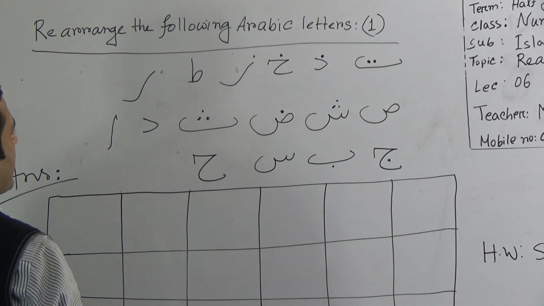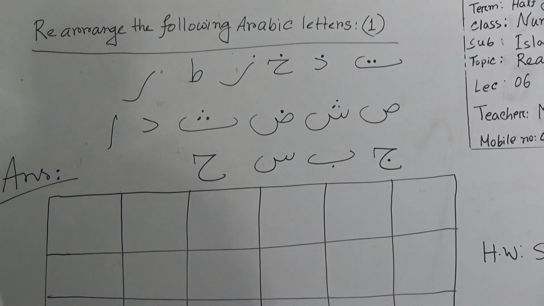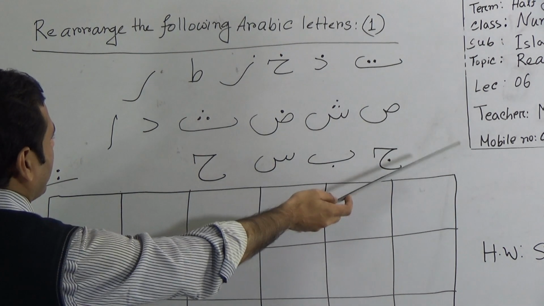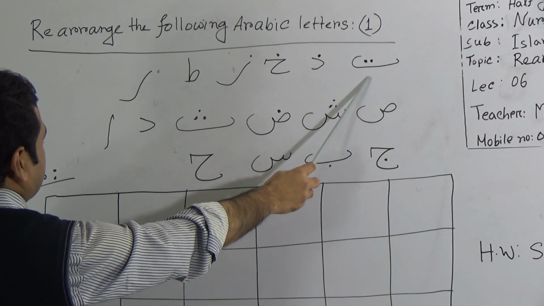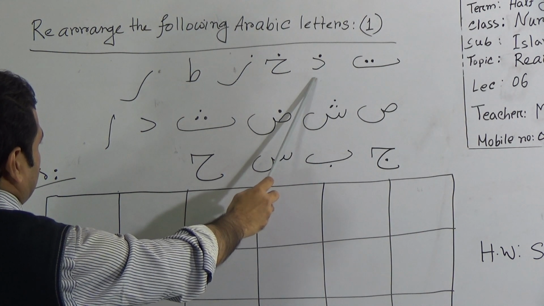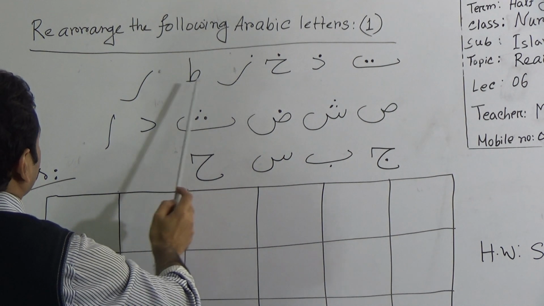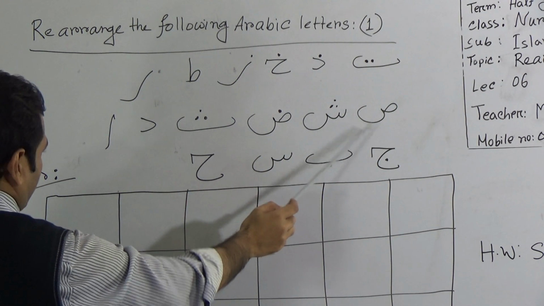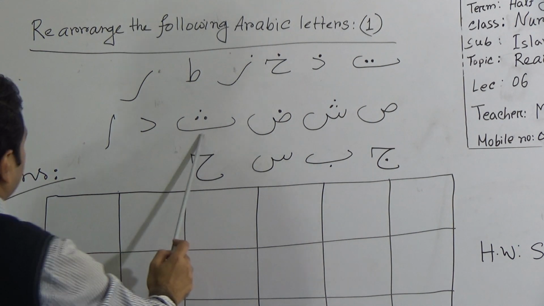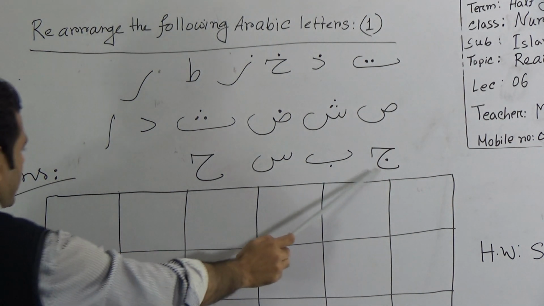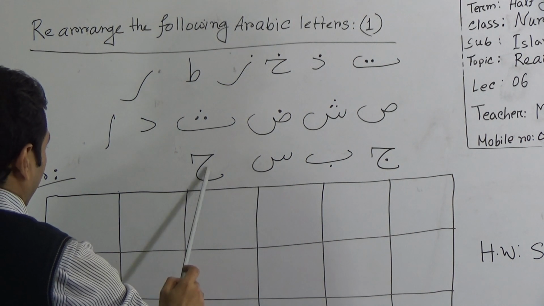That means rearrange. There are two rearranges. The first one I will discuss today, and the second one I will discuss later. My dear students, listen to me carefully and look at the board. The first letter is ta, and the second one is dal, and after that kha, za, to, ra, swad, shin, dod, tha, dal, alif, jim, ba, sin, and ha.